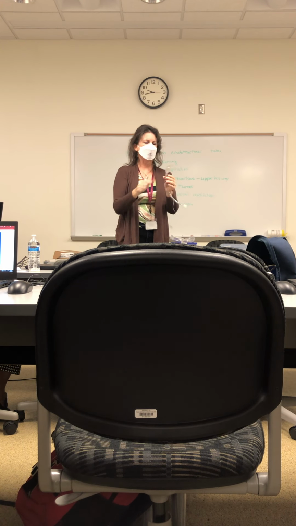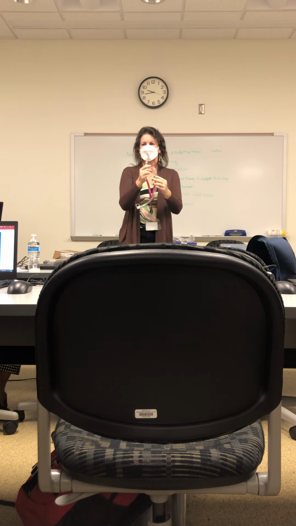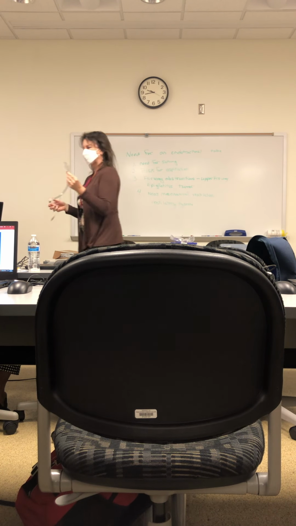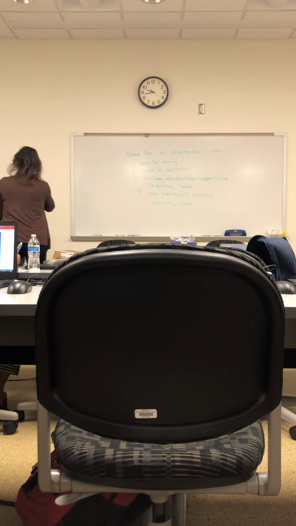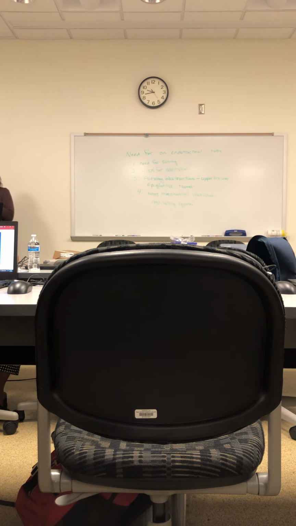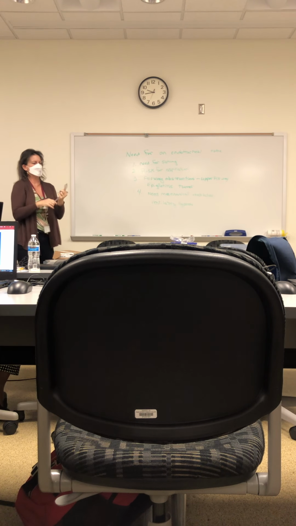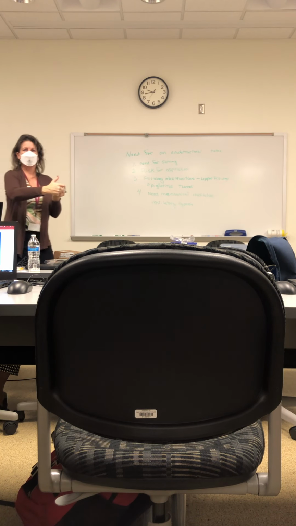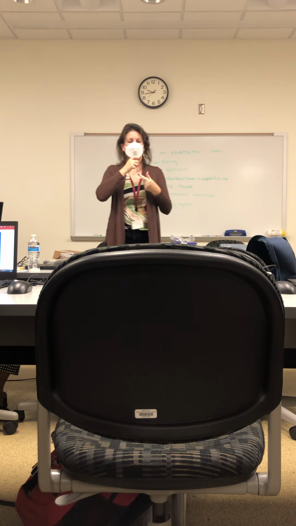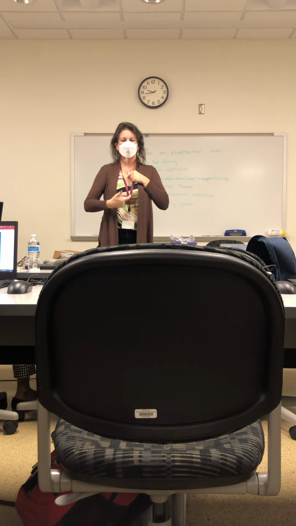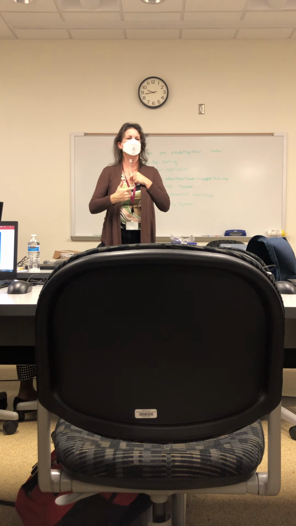There's a hole at the end. Can anybody tell me what that hole's for? So this is how you're breathing through, right? The patient has it in like this, and they're breathing through this tube.